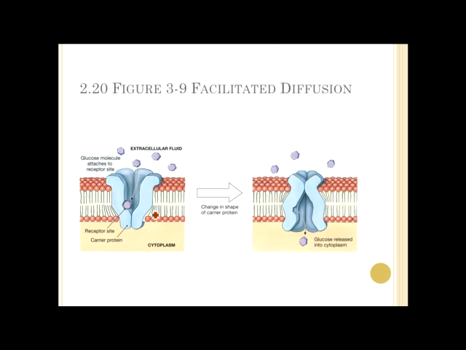And this is a picture of facilitated diffusion. Now, if you want to remember back to the previous chapter, that stop sign looking thing is their representation of glucose.